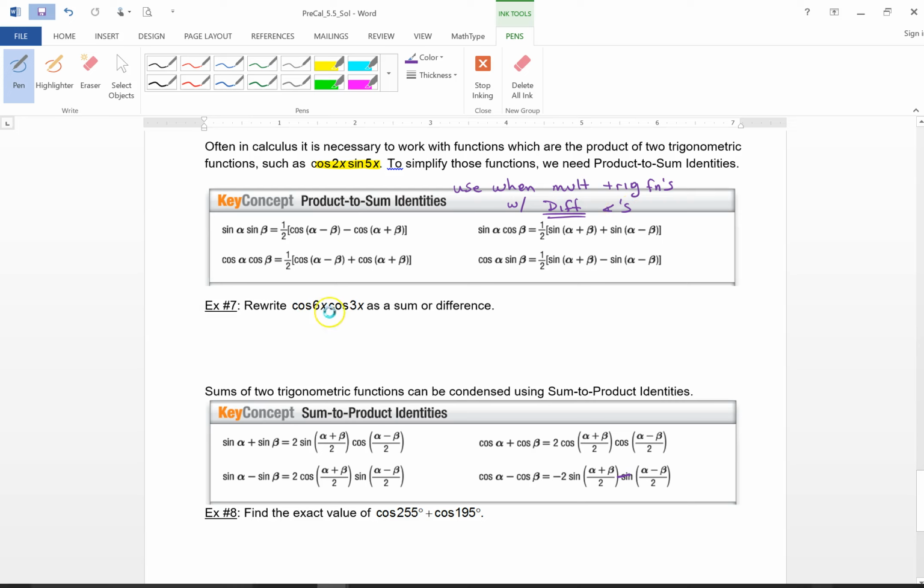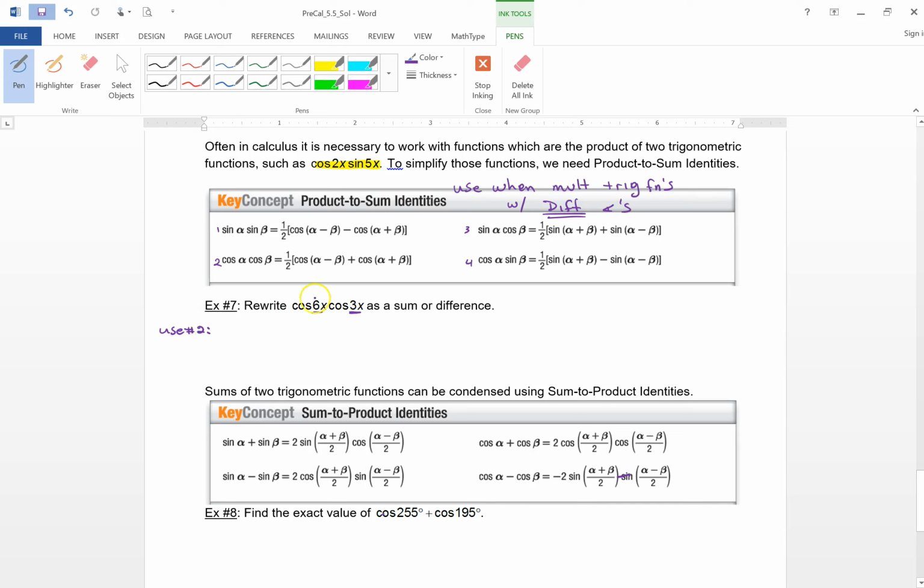Like this one, cosine 6x, cosine 3x. Of these four, 1, 2, 3, 4, which one of those does it match with? The second one. Okay? So use number 2.